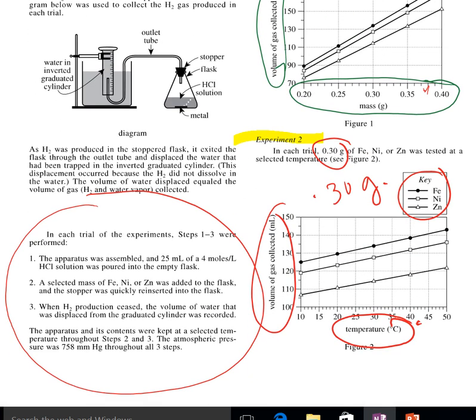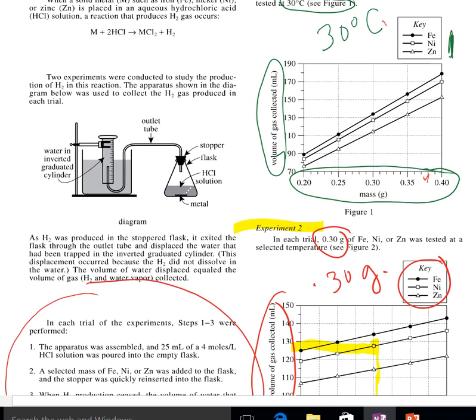The first thing that we have to look at is the 30 grams of nickel. This is nickel, and then we can see that if we come over here, it's about not quite 130 milliliters of the gas. And then they want you to compare up here, so we'd find just a little bit below that, find nickel, and then we come down and find this value right here.